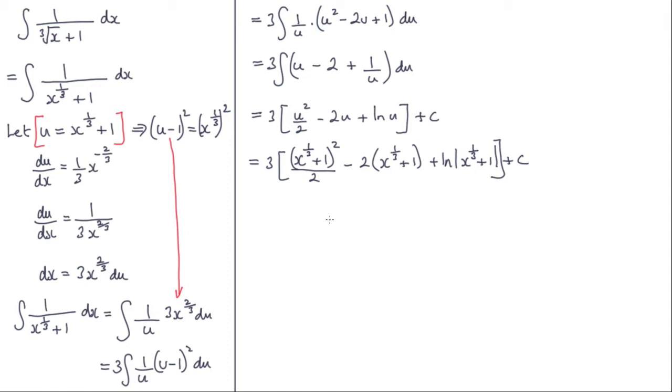Okay, carrying on, we could do some bracket expansion here, and things should simplify a little bit. So we've got the 3. Let's put that square bracket in. So x to the power of 1 third plus 1, let's expand this bracket. That would give us x to the power of 2 over 3 plus 2x to the power of 1 over 3 plus 1, and that's all divided by 2.